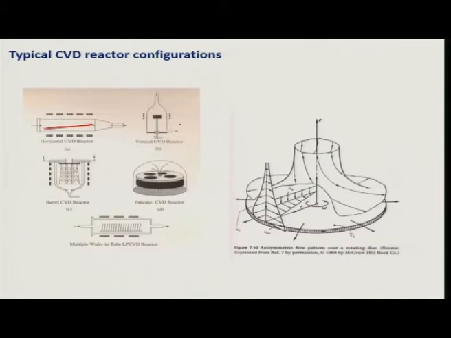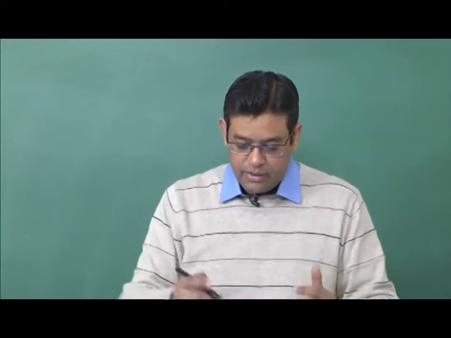You can also have a vertical CVD reactor where your substrate is kept here and it is heated inductively to raise the temperature, and the gases come from the top. You can also have a barrel type CVD reactor where you have a barrel, and these substrates are kept one after another, gases come from top and they react.